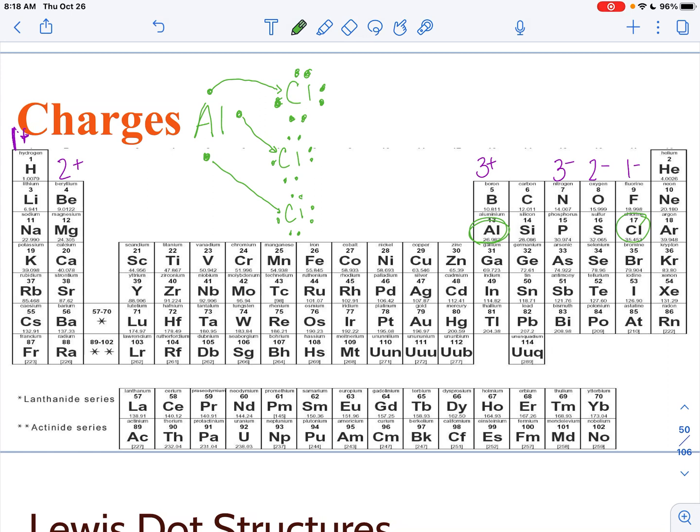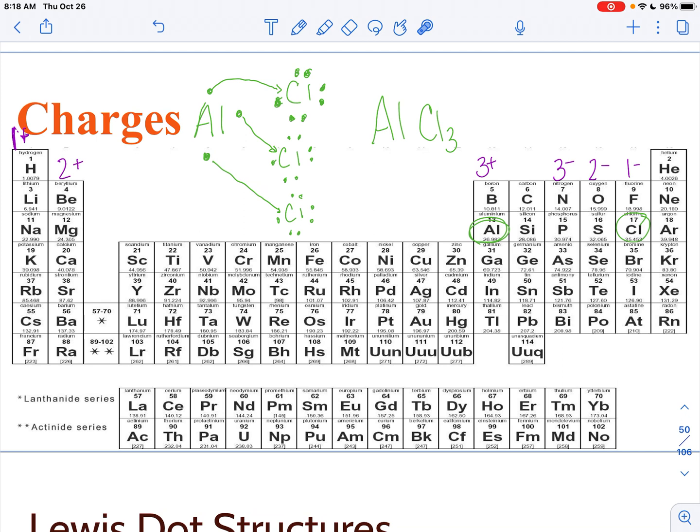The way we write that in a chemical formula is aluminum has a 1, 1 aluminum, 3 chlorines, but as I mentioned a little bit earlier, we don't really write ones in chemistry, so it will just be AlCl3. And the subscripts, these little numbers on the bottom, tell you how much of each atom you would have in that compound. So for aluminum chloride, you would have 1 aluminum and 3 chlorines.